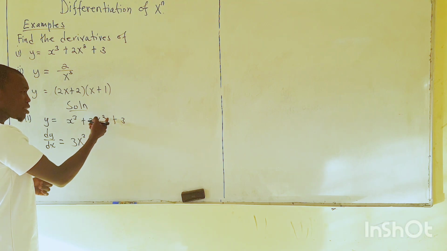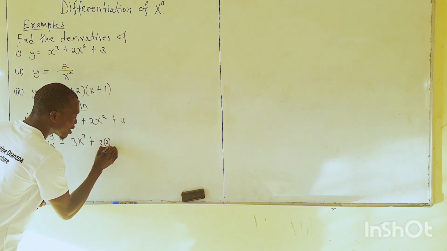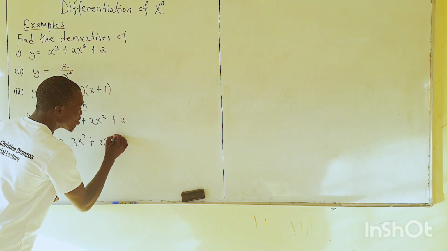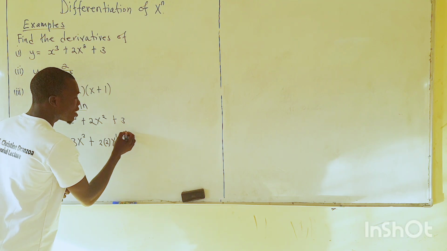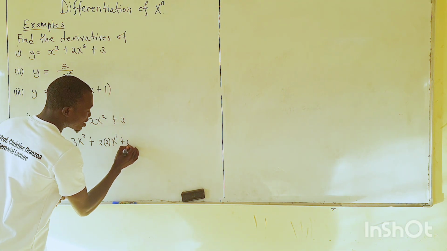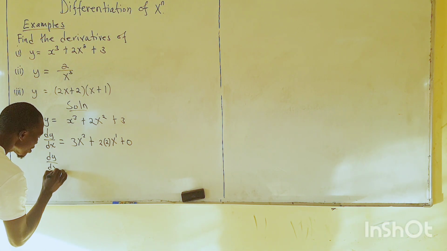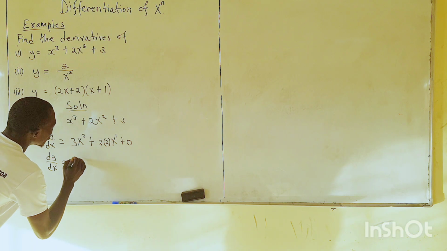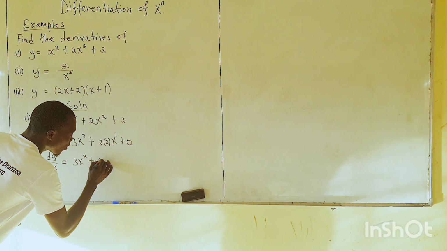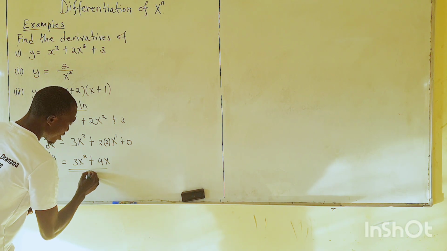Plus, bring the power 2 down, we have 2 times x, reducing the power by 1 leaves power 1. Plus, the derivative of a constant is 0. So dy/dx equals 3x squared plus 4x only. That is the first answer.